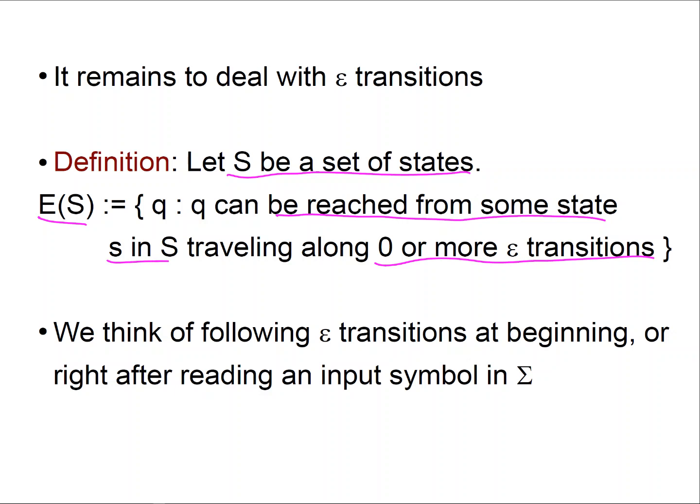We think of following the epsilon transitions at the beginning, as soon as you start the computation, or right after reading an input symbol in sigma. This is just a convention that makes it easier to follow the definitions.